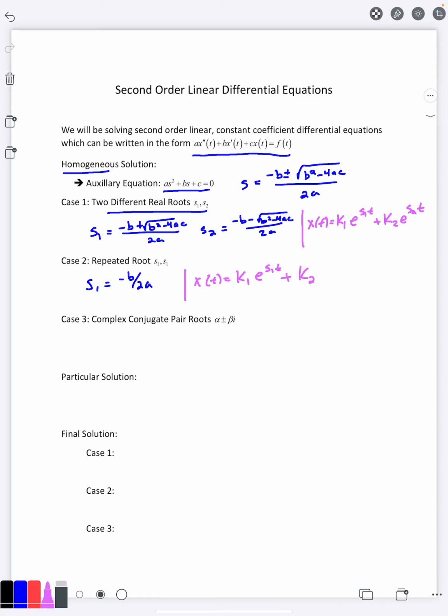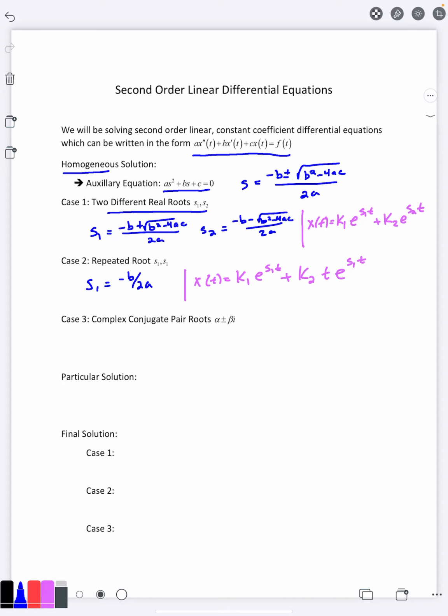And since there's no second power we can do, we have to have the same power. But if all I had was the same power, you can combine them together. So what ends up happening is you're getting an extra t involved. So it's t e to the s1 t. And you can prove mathematically that you're going to have to multiply by t there, but for now, we'll just take it as a given. That's how we get our second answer there.